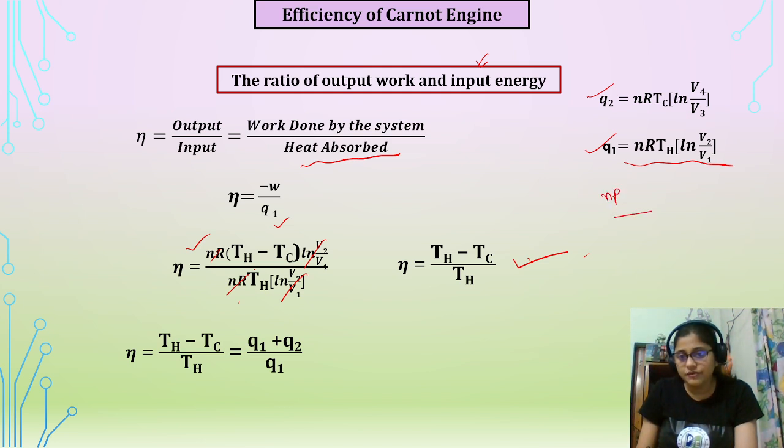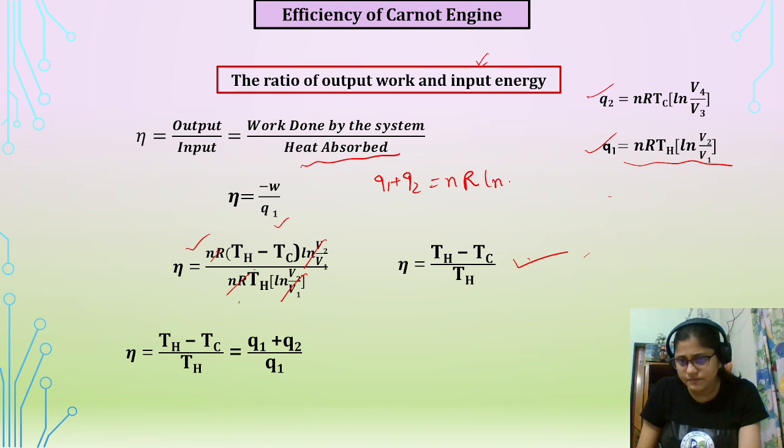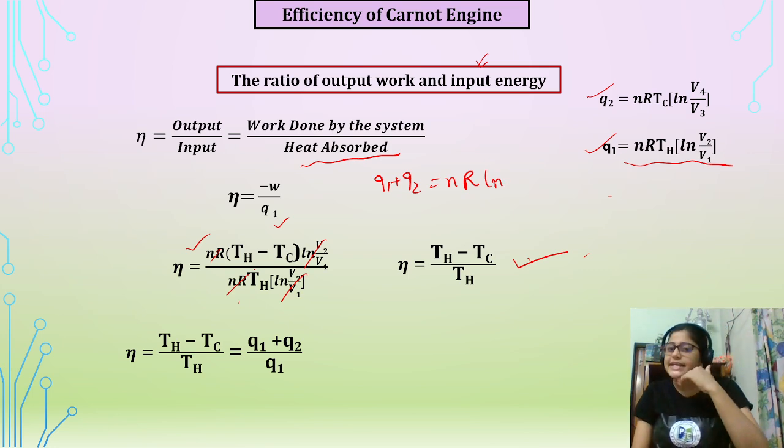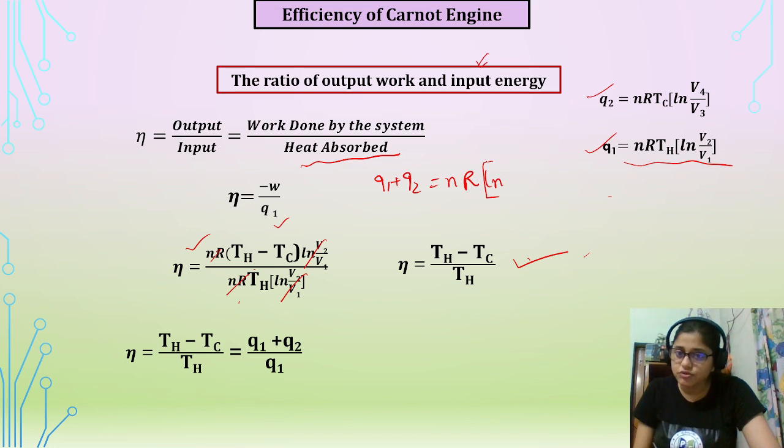So when we take Q1 plus Q2, okay, I'm doing it below here. If we take Q1 plus Q2 here, what will we get? Inner ln. Okay, and here, let's simplify that. Inner I have taken common. So now TC is there.